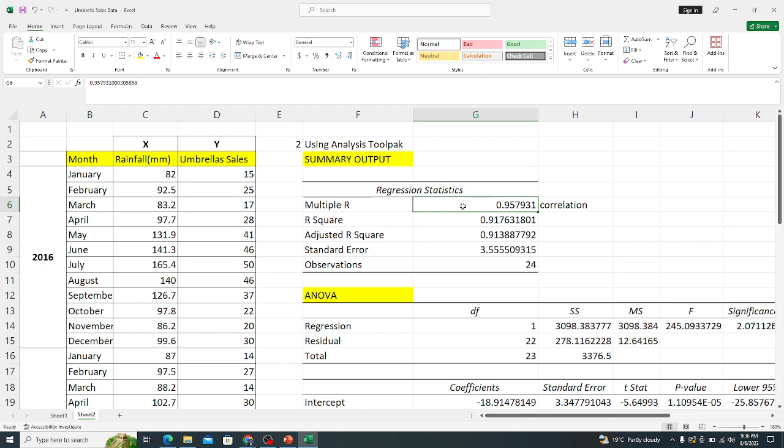So maybe we can try and build a correlation matrix of the same and see the correlation.